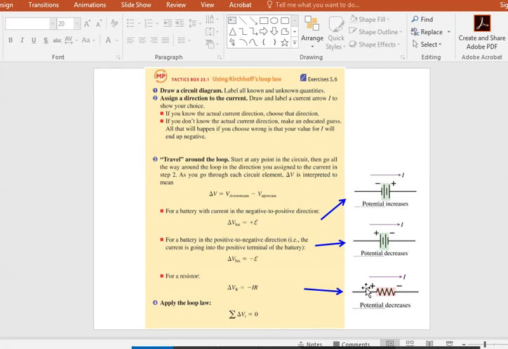Whereas when you're going in the flow of current across a resistor, we know that there's going to be a voltage drop. Think of it like if you're walking along a river and this river is flowing downhill. That means that you're slowly walking downhill, and so your gravitational potential is decreasing. So if you're going in the flow of current, then you're getting a dropping of potential.